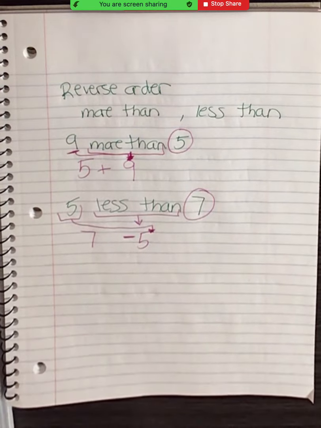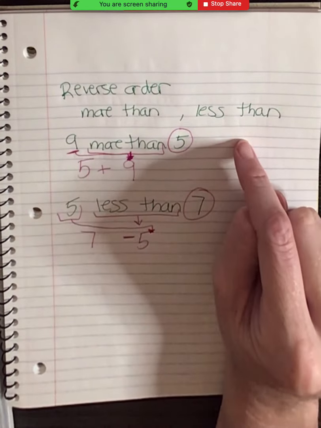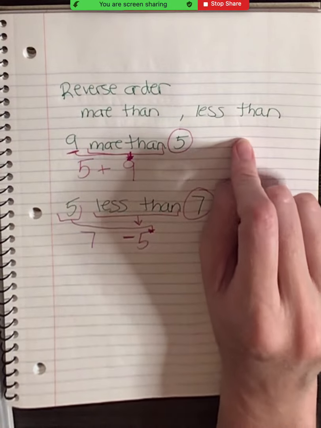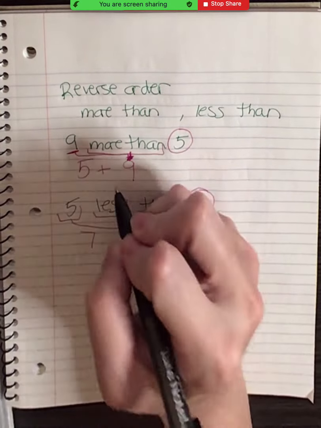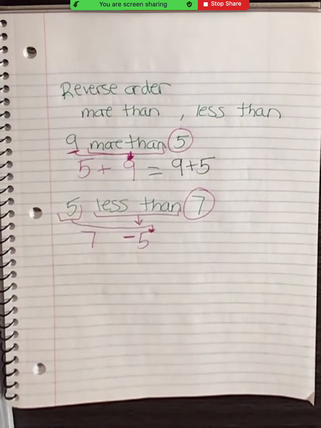So we're taking it away. So if the phrase contains more than or less than, you must reverse the order. It's not as important with addition because technically you can add in any order, but you're looking to translate it exactly as it tells you to.